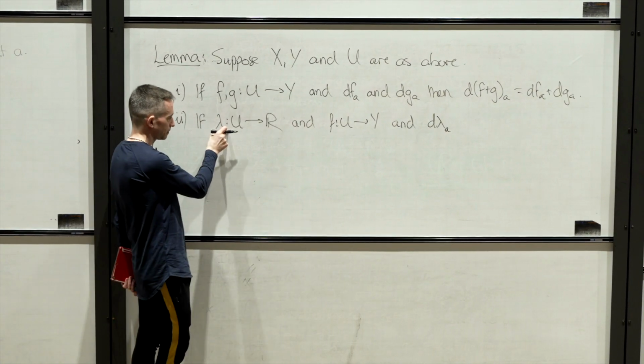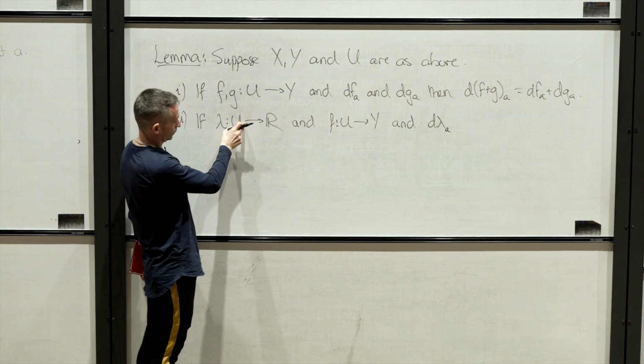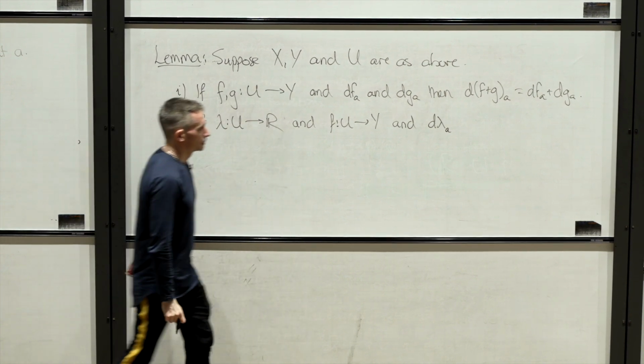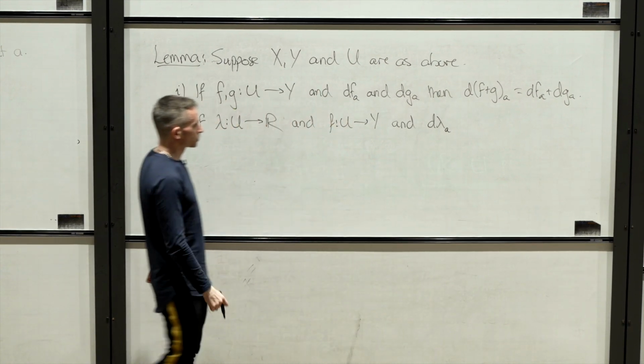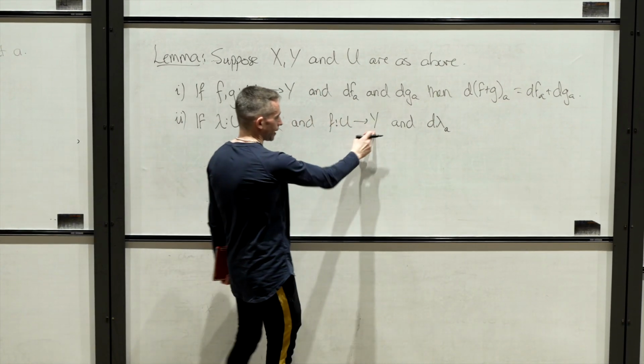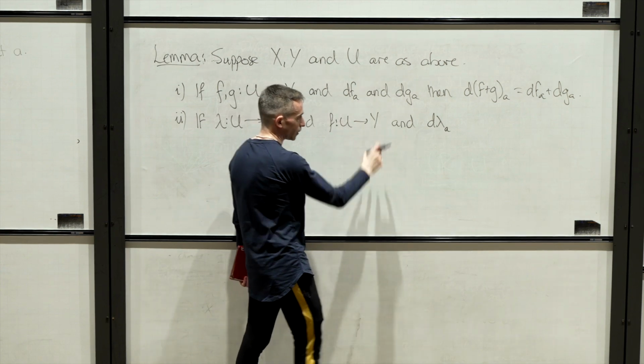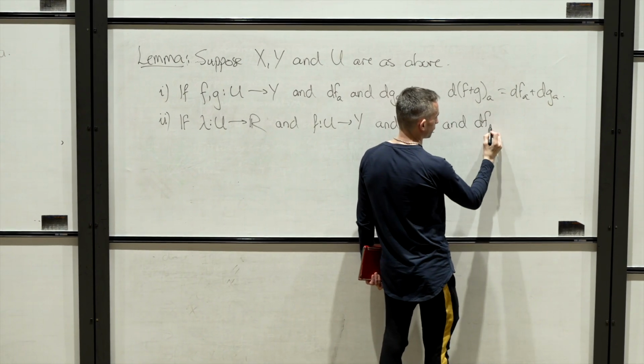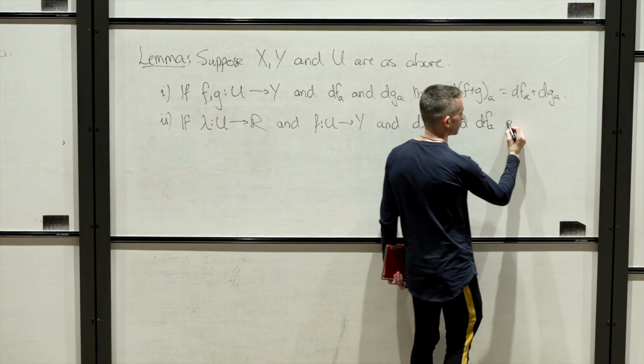The derivative of lambda is a linear map from the vector space U sits inside, which is X, to the vector space R. So it's an element, if you like, of the dual space of X. And the derivative of f is a linear map from X to Y. So the derivatives of lambda and f at A exist.